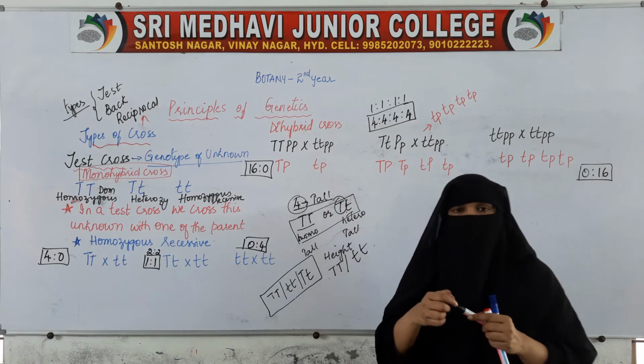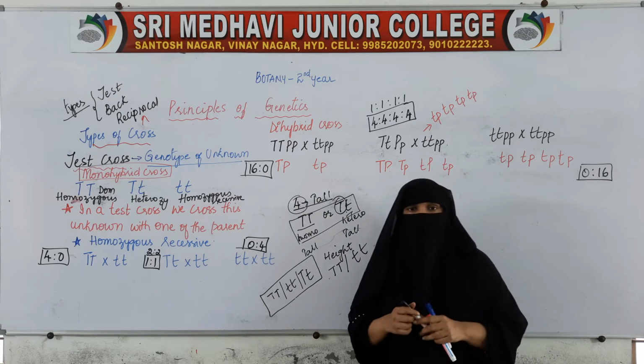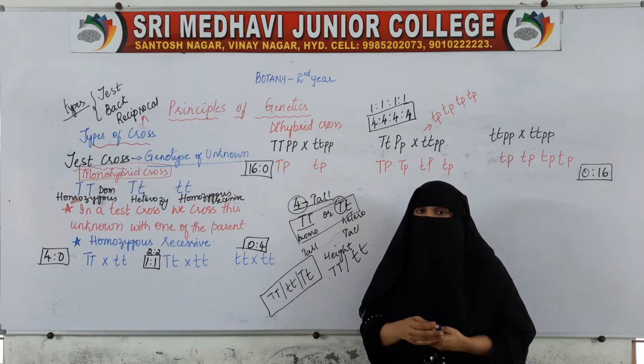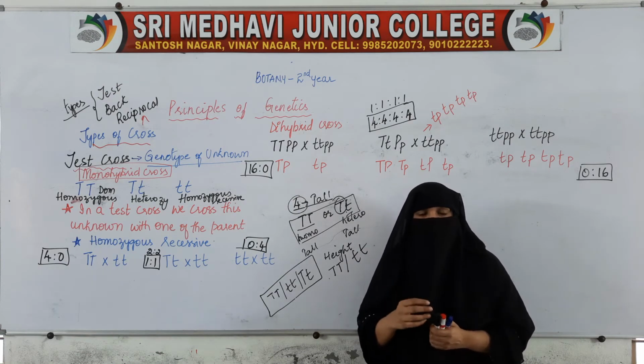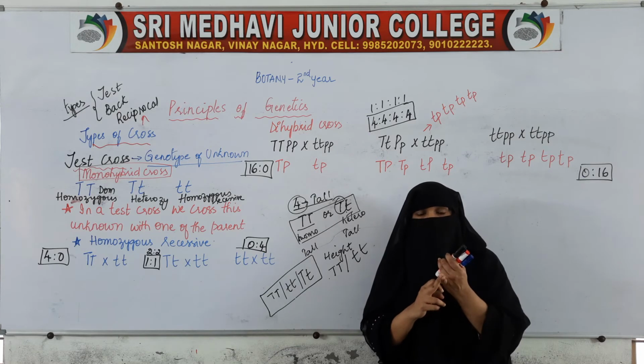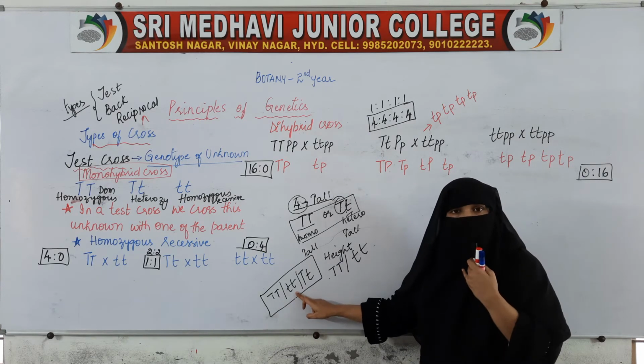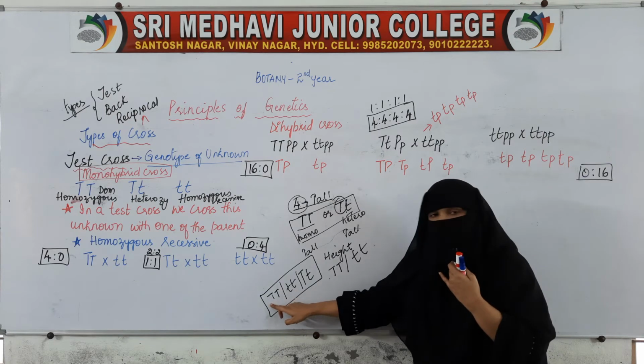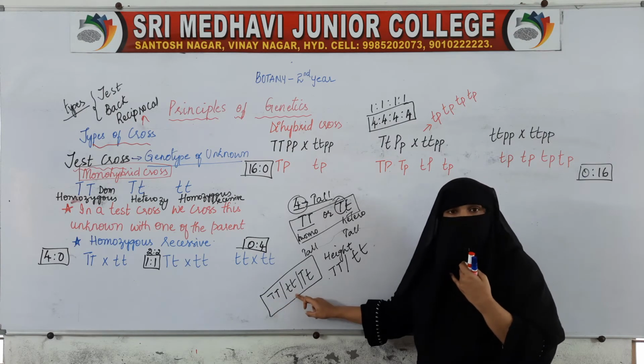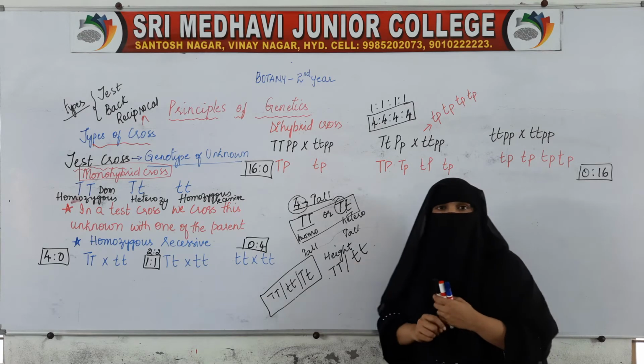Genotype is nothing but the genetic makeup of the plant. We find three genotypes: homozygous dominant, homozygous recessive, or heterozygous.